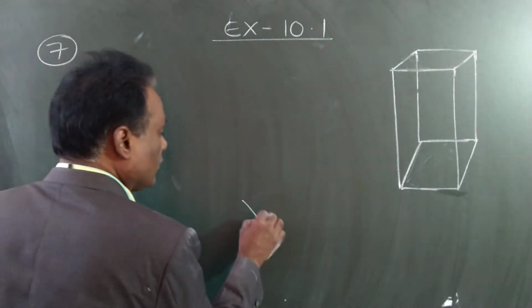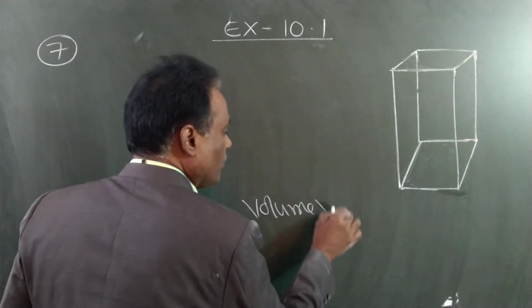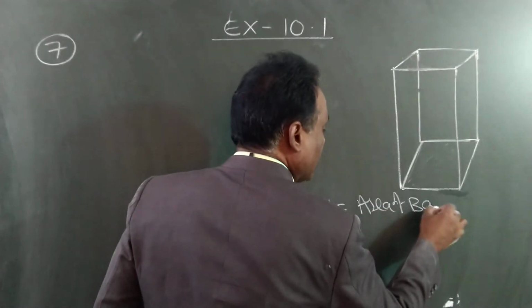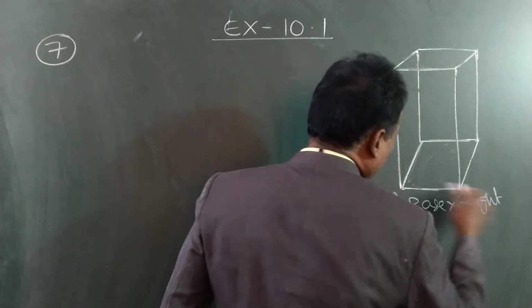So volume is, see here, the formula: area of base into height. This is the formula for the volume of all these 3D figures.